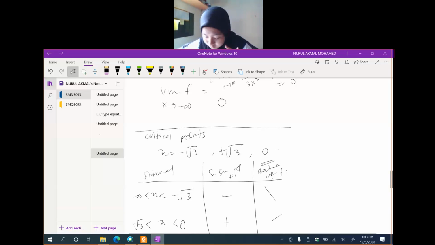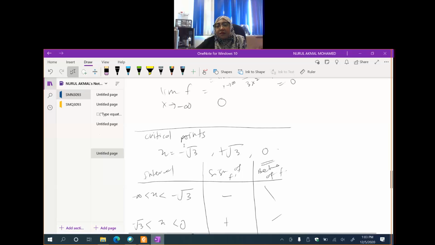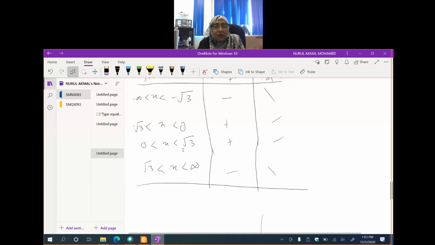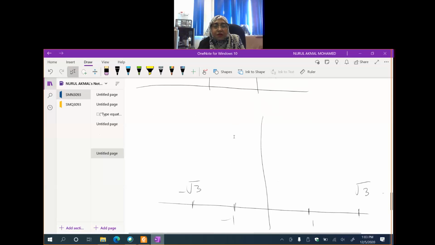What will be the exact value in decimal places? Negative 1.732. So negative square root of 3 is over here, and this is square root of 3. Okay. What else?